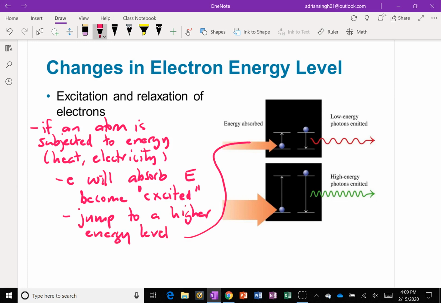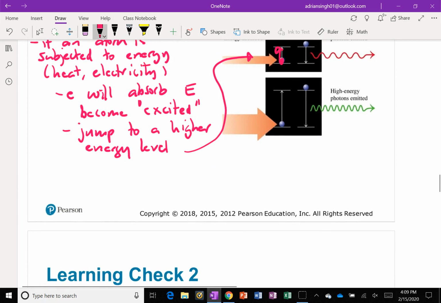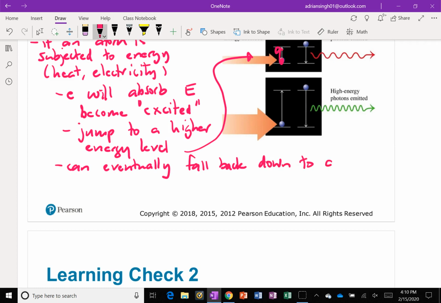So that's shown over here, for instance. This electron is jumping to a higher energy level. And then eventually, that electron can fall back from where it came from, down to a lower energy, and we say that it relaxes.